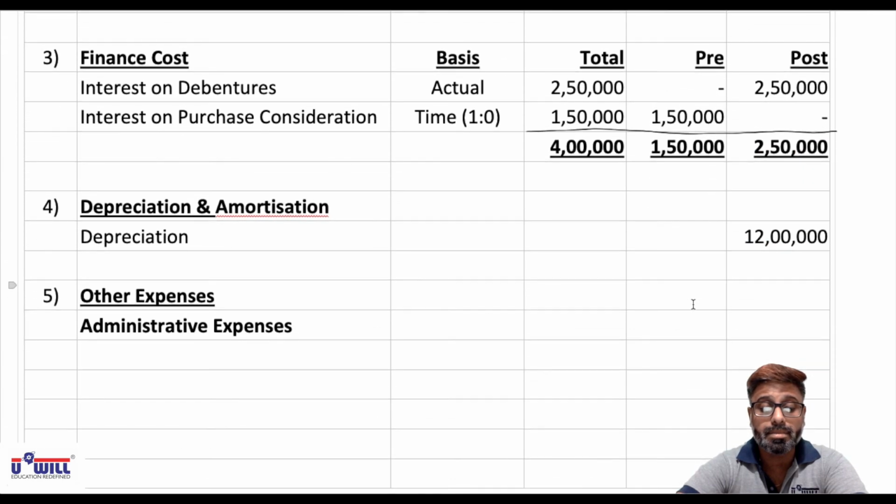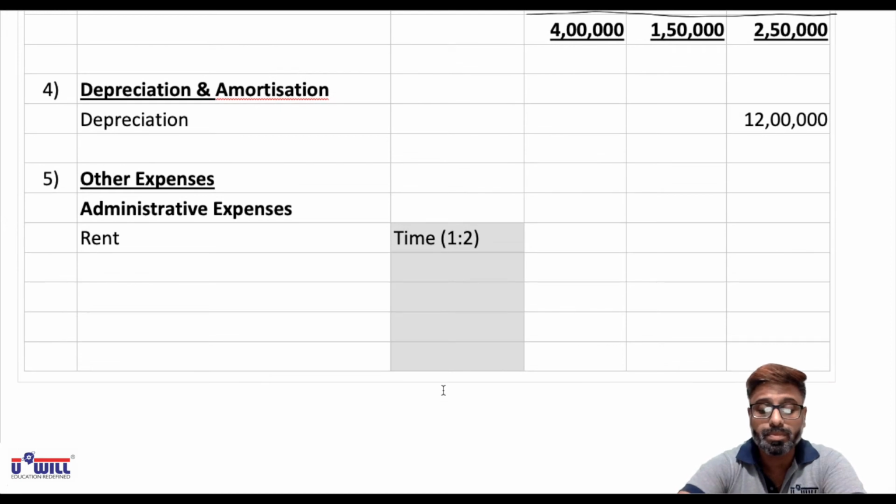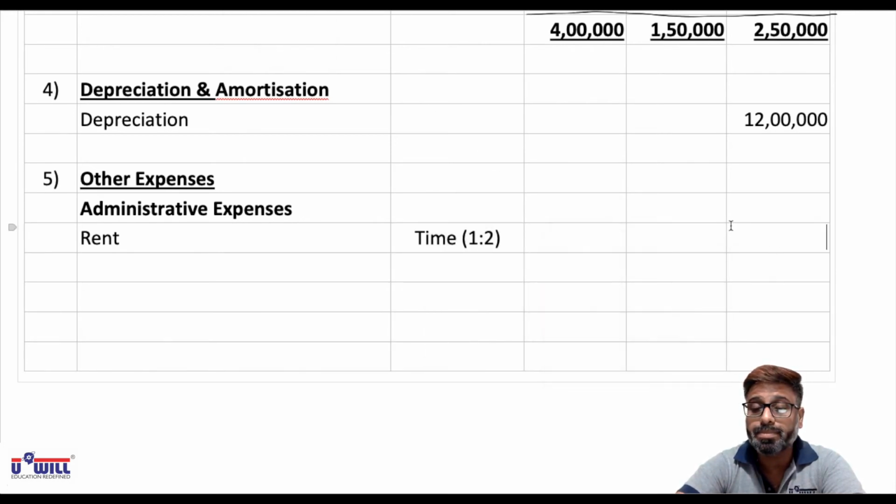Rent, time basis, that is 1:2. 4,50,000. Here also you can make the columns. Okay.